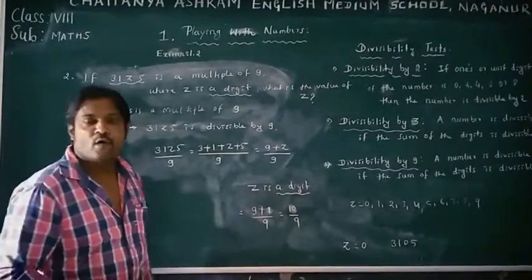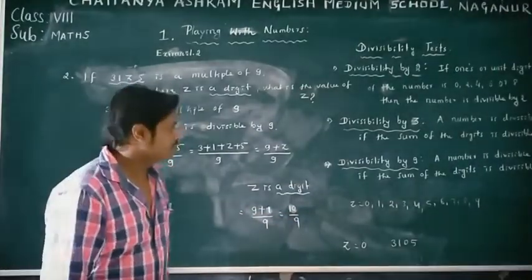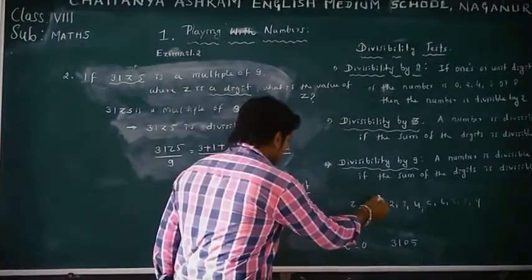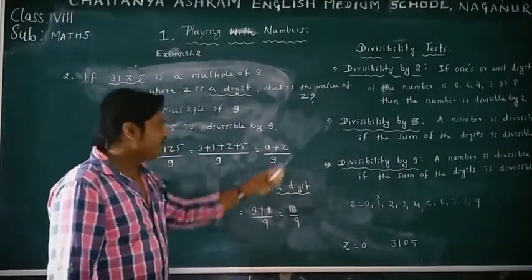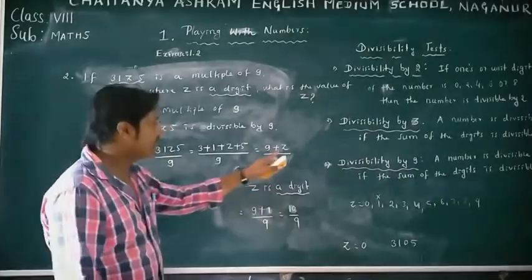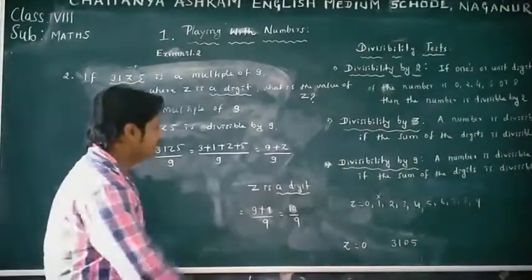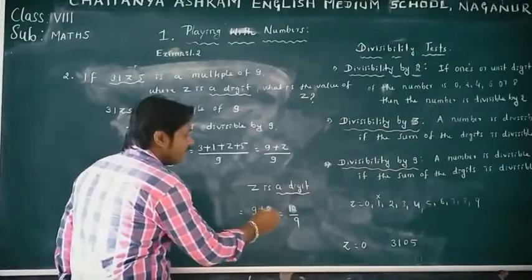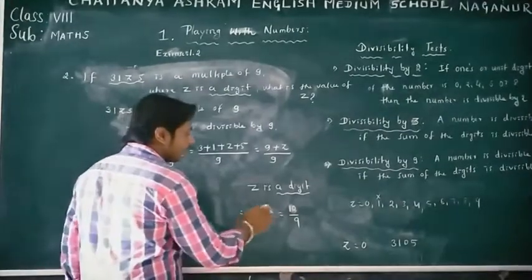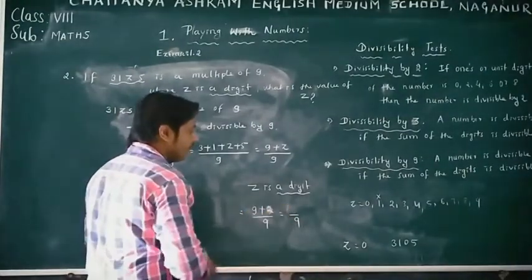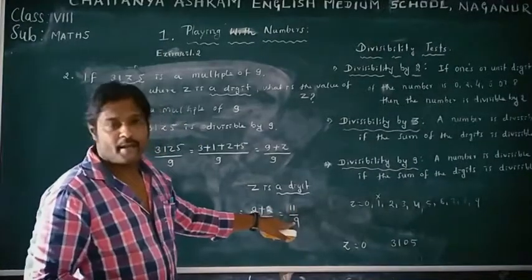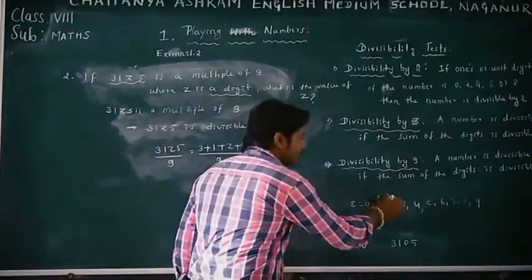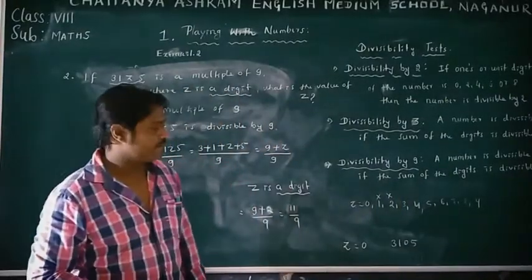No. 10 is not divisible by 9. This is not the value of Z. Take Z equal to 2. See what happens? 9 plus 2 is 11. 11 is not divisible by 9. This is also not the value of Z.